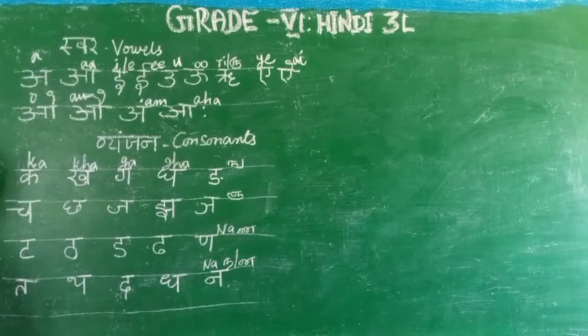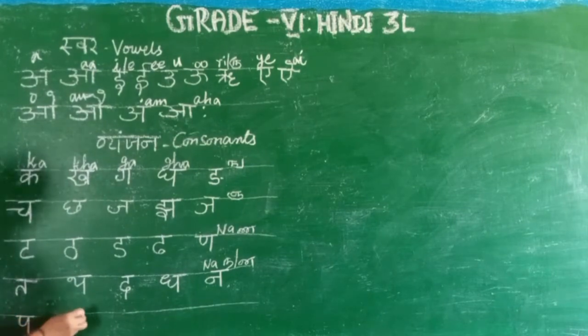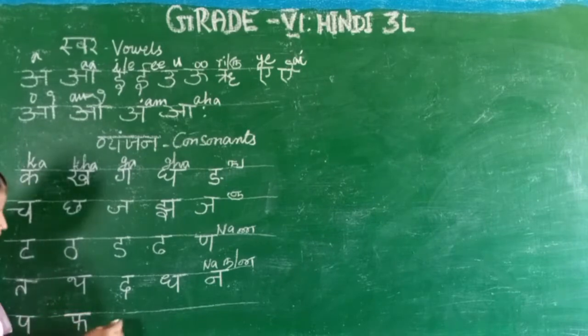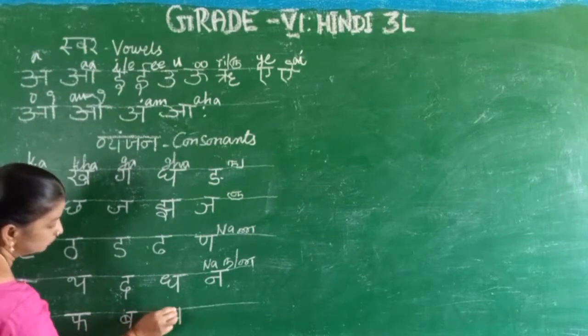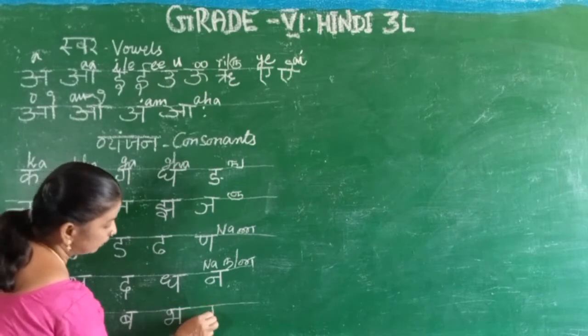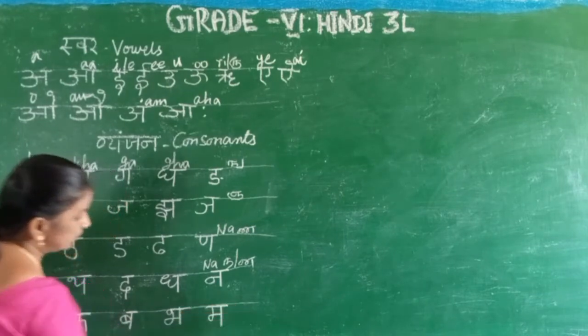Now the pa line. Pa, pha, ba, bha, and ma. Is it clear?